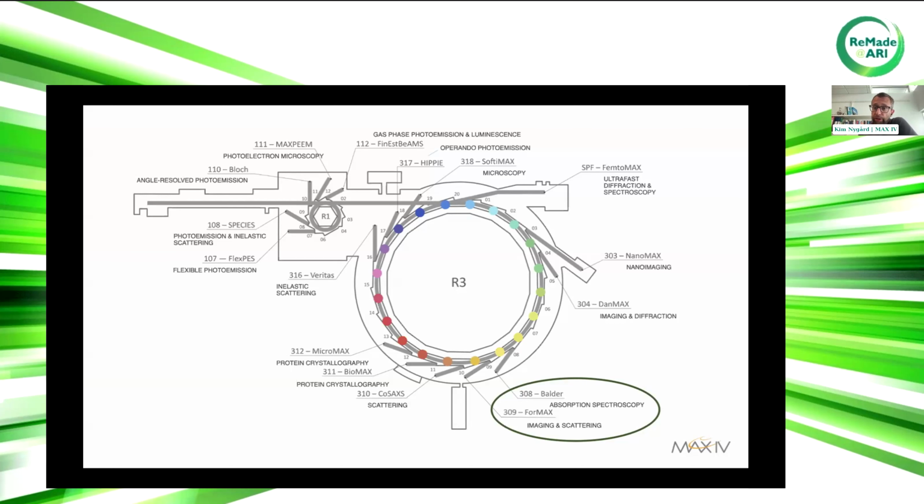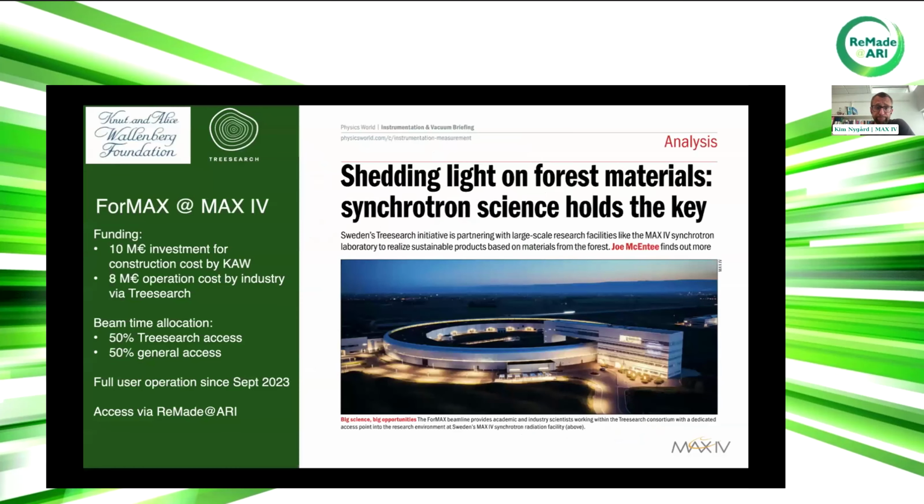Very useful for studies on catalysts, catalytic processes, environmental science, and so on. The other instrument, which I'm heading, is called FORMAX, and it allows for multiscale structure characterization by combining X-ray imaging and X-ray scattering techniques. And I'll talk a bit more about that later.